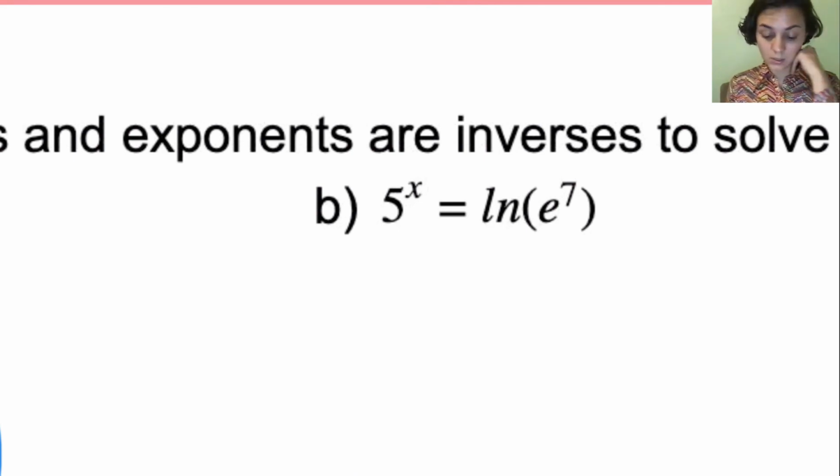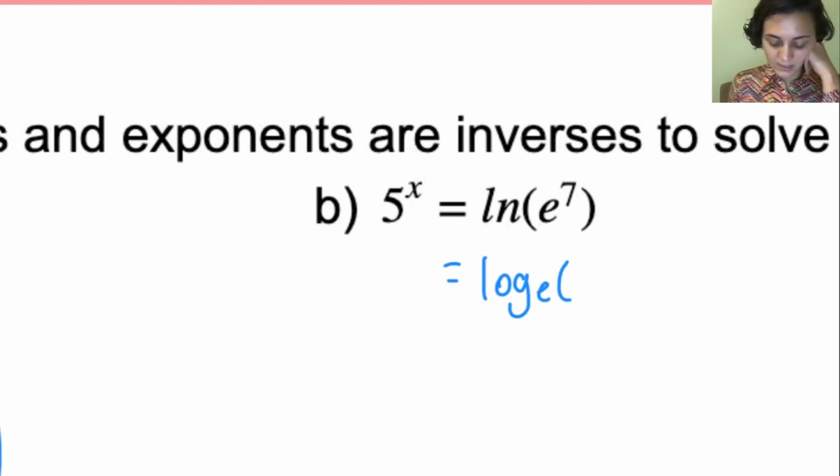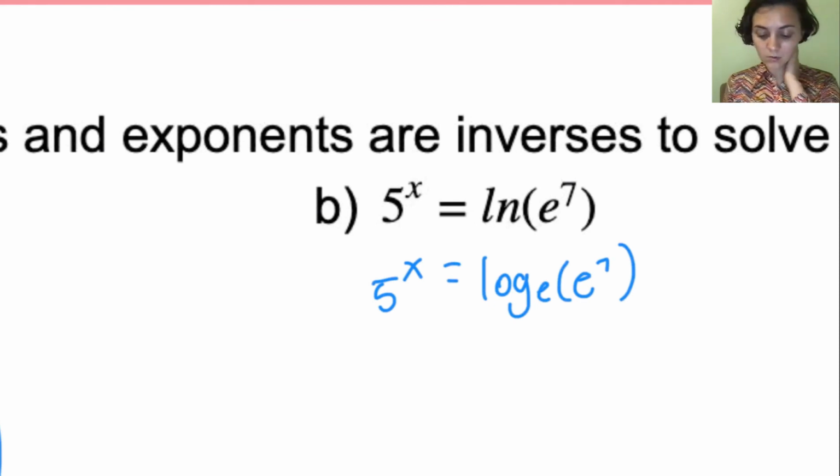Here we have another problem. We have to use multiple skills here. The first thing I'm going to do is I see that I have a ln of e. And so remember, ln is the same as log base e of e to the 7. And so this is a case of the log and the exponent, since they have the same base, they cancel each other out.